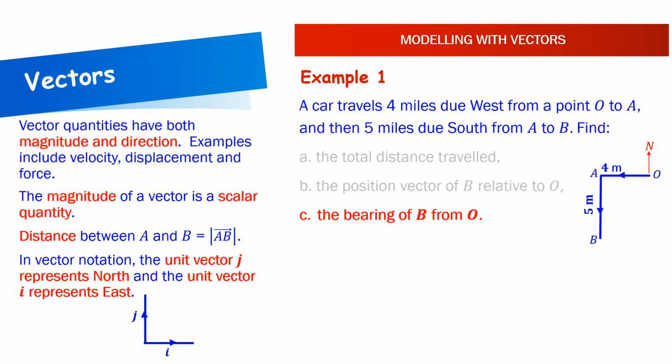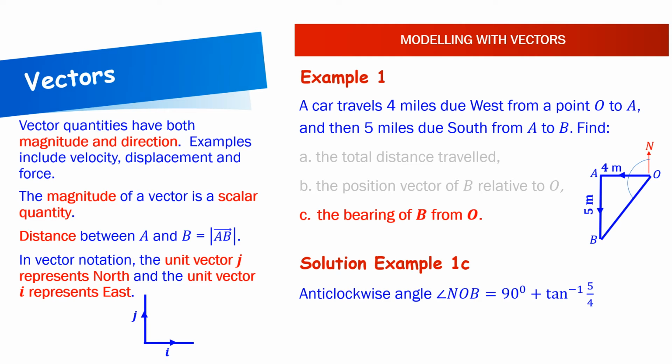Now let's solve example 1c. We are required to find the bearing of B from O. Let's join O to B and then solve. We're first going to look at the anti-clockwise angle NOB.